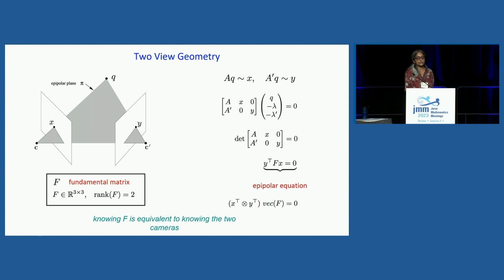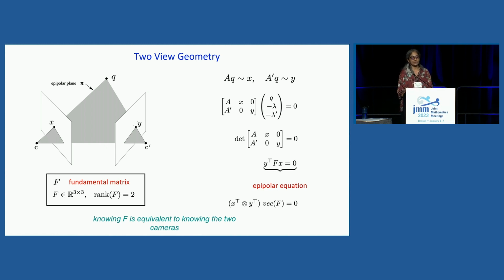Okay, so this matrix F is really the essence of the two cameras. This is called the fundamental matrix of the two cameras. It's, as I said, a 3 by 3 matrix, but it's real. And much more importantly, it has rank exactly 2. Okay? So it's not just rank deficient. It has to have rank exactly 2.